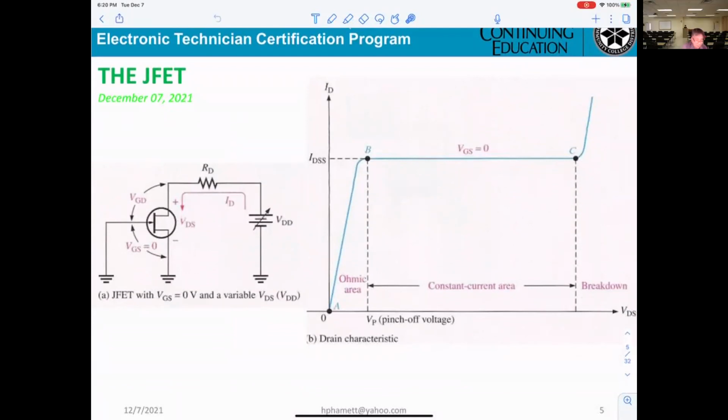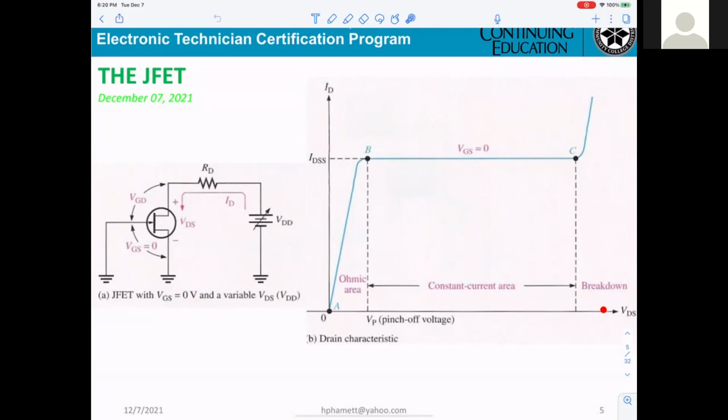Now you're looking at this circuitry. You have the JFET with the gate connected to the source, and now you're changing the VDD. Try to see what happened. On the graph here, what does this stand for?